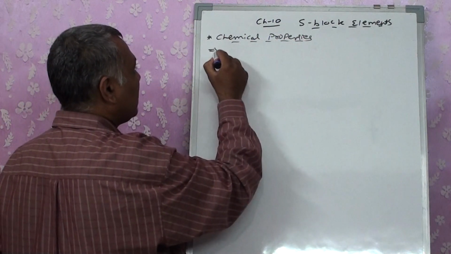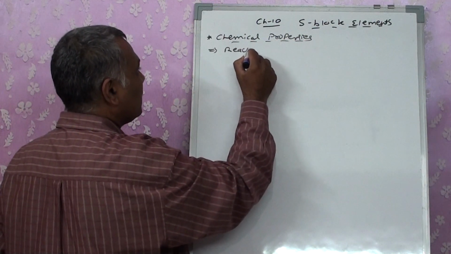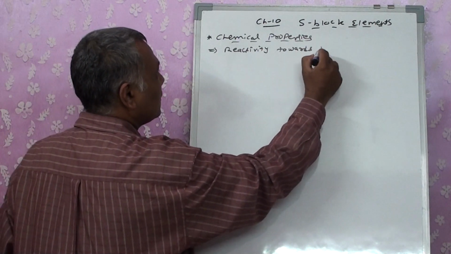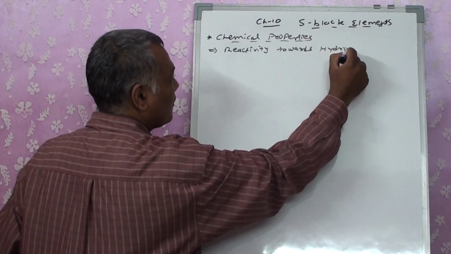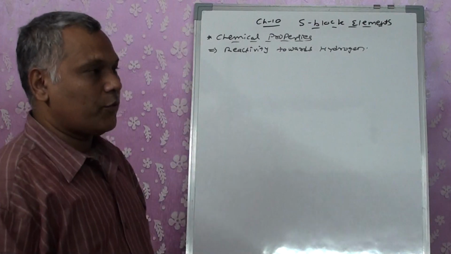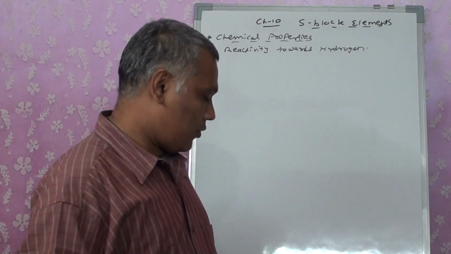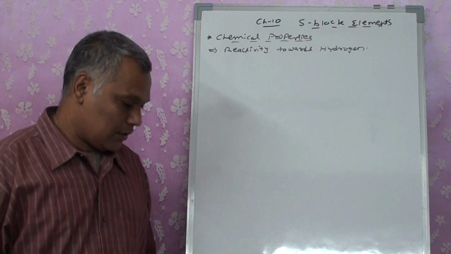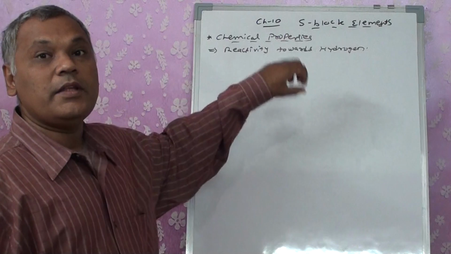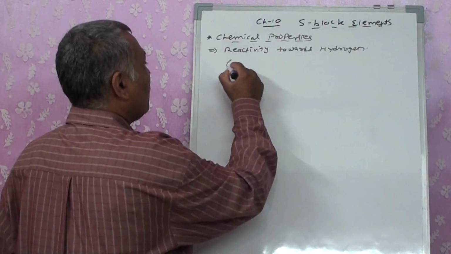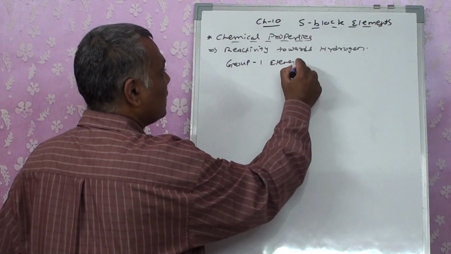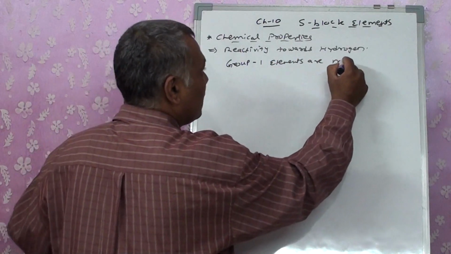the first one, that is reactivity towards hydrogen. Now, when we discuss the reactivity towards hydrogen, these elements are going to react with hydrogen very easily. Group 1 elements are metals.